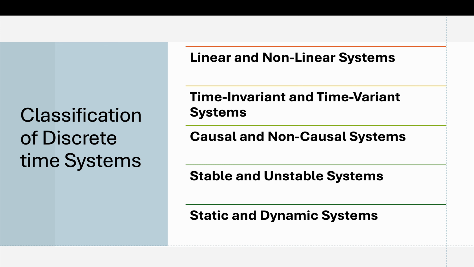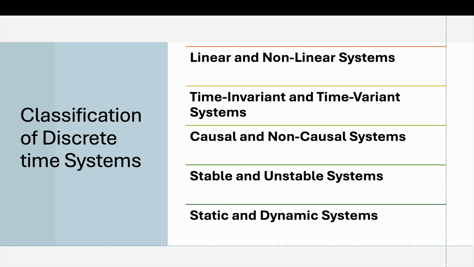Any real-time system is a causal system. The response doesn't depend upon other stored values or future values. Such a system is called causal.